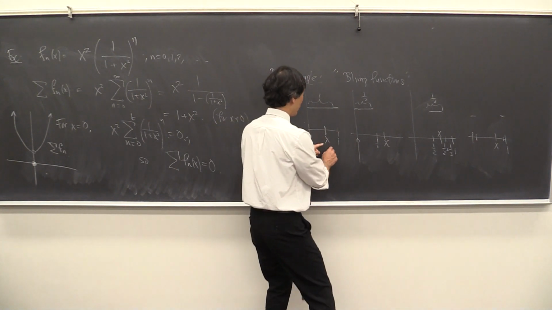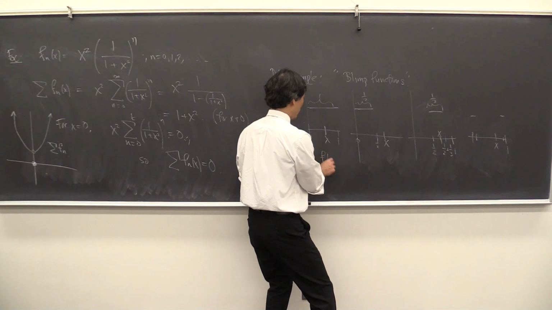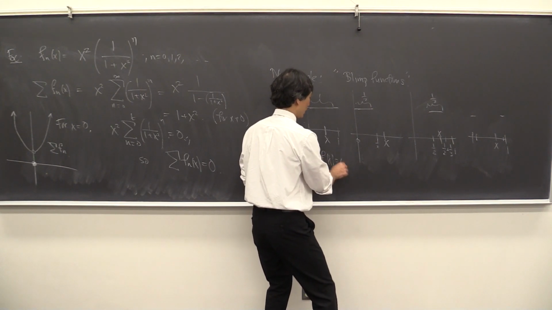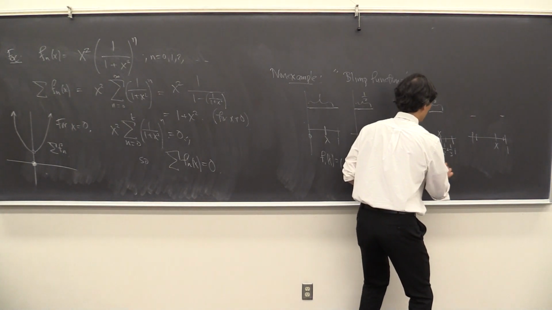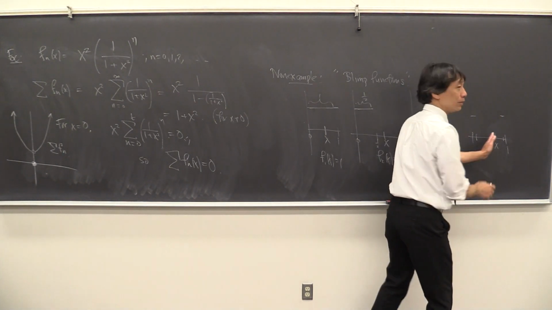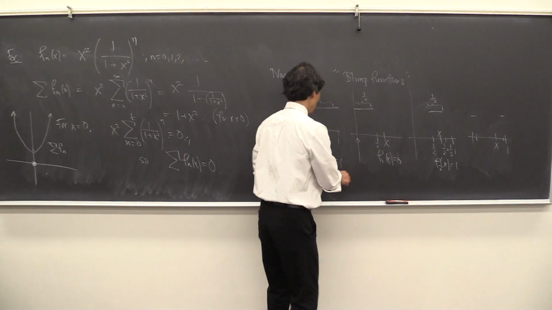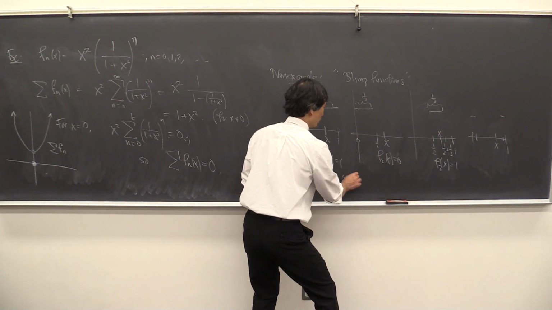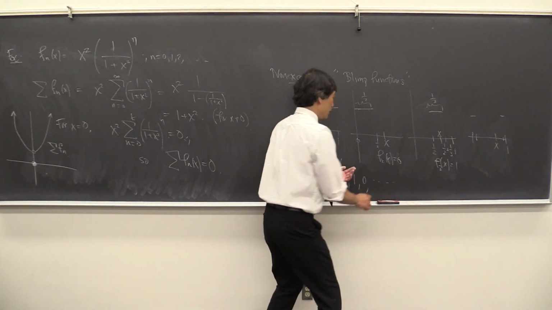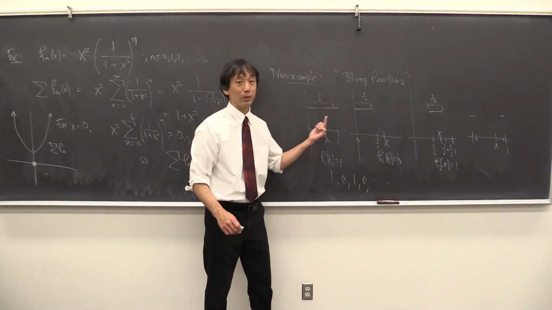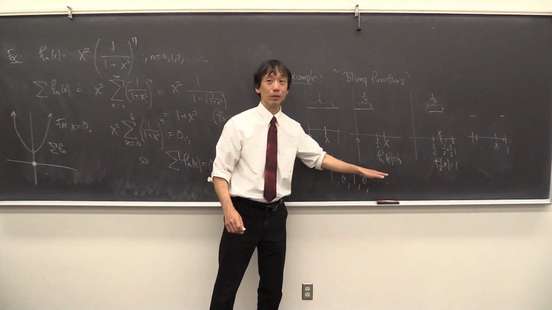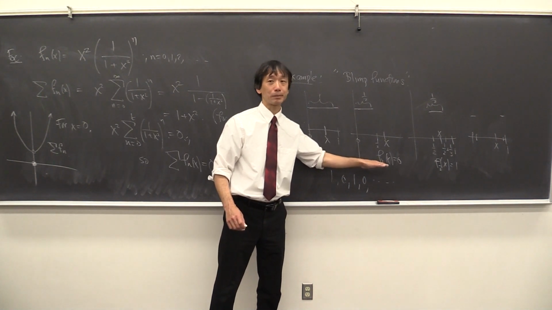So the value at this point: f1 of x is 1, f2 of x is 0, f3 of x is 1, f4 of x is 0, and so you have the sequence 1, 0, 1, 0. The space between the ones gets longer and longer, but it never becomes 0, 0, 0, 0 forever.